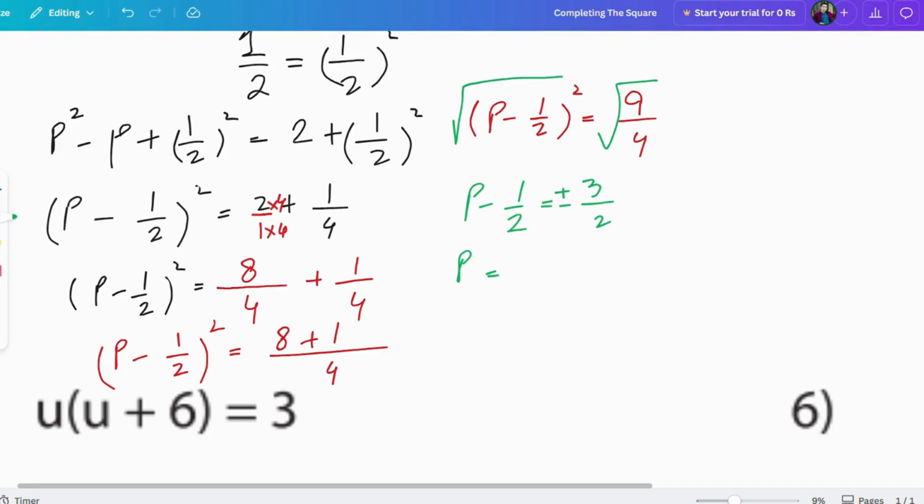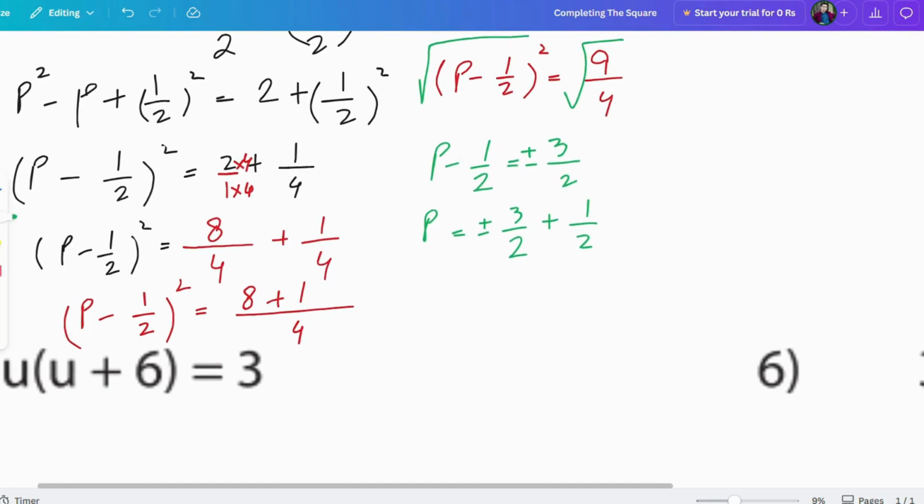So now if I further simplify it, it's going to look like p equals 3 over 2 plus 1 over 2, and one time I will write it down as p equals minus 3 over 2 plus 1 over 2.